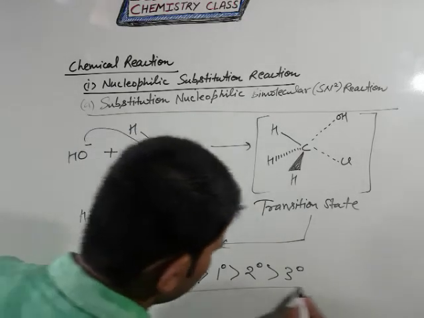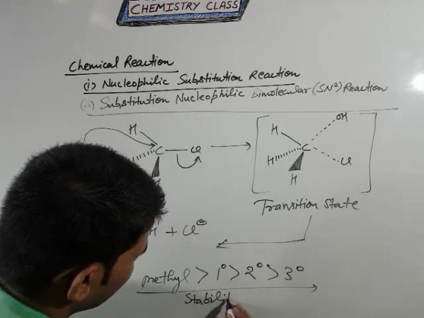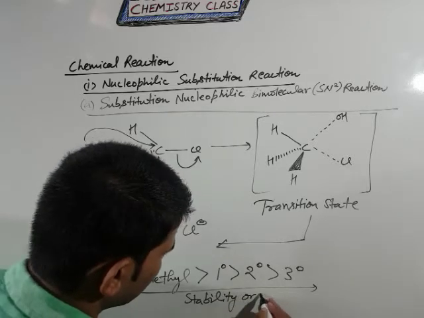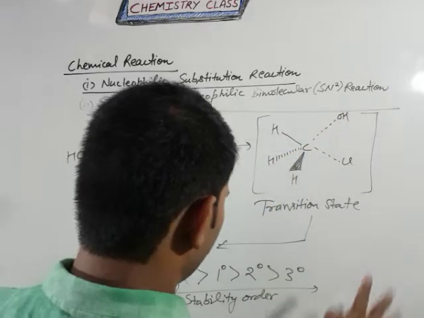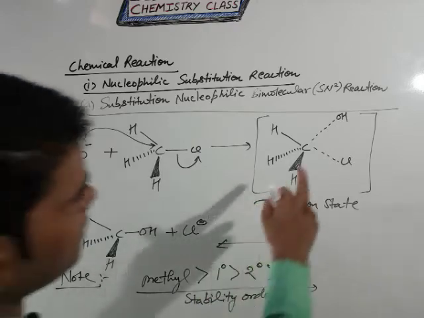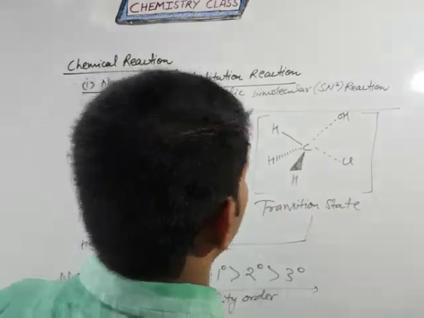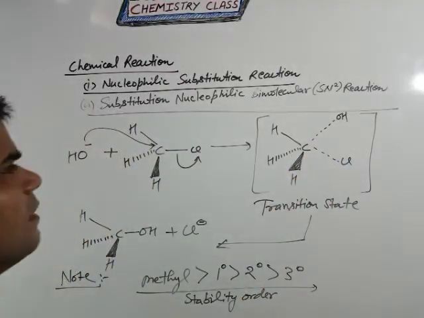This is the stability order of the alkyl halide in the SN2 reaction due to steric hindrance. Steric hindrance means which type of electron density is present on the central carbon atom.